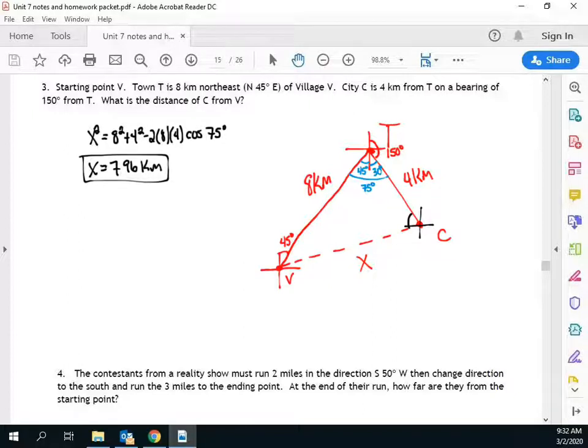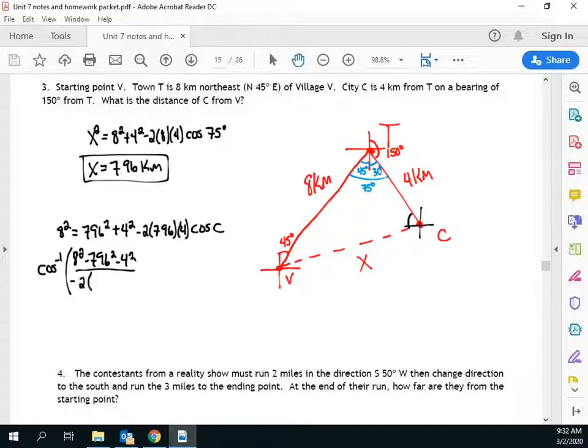So what do we got? 8 squared equals 7.96 squared plus 4 squared minus 2 times 7.96 times 4 times cosine of C. Since we're finding an angle, it's going to be inverse cosine, and that's what you put in your calculator.